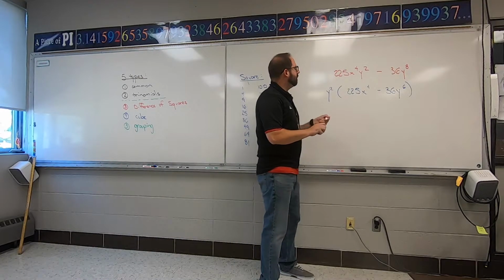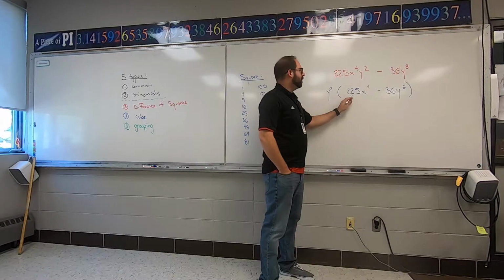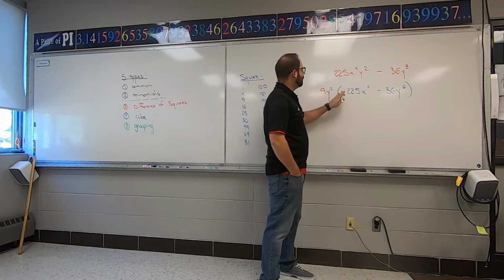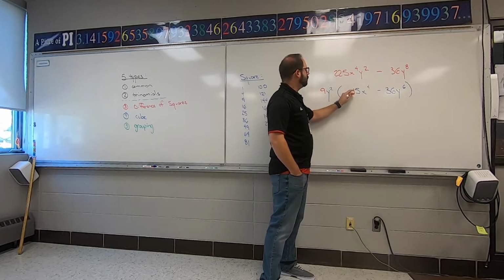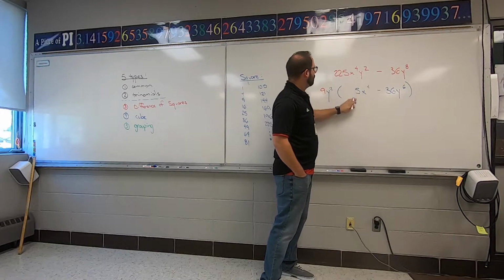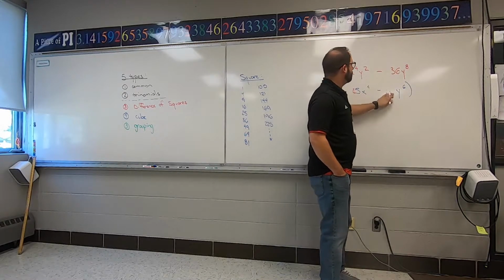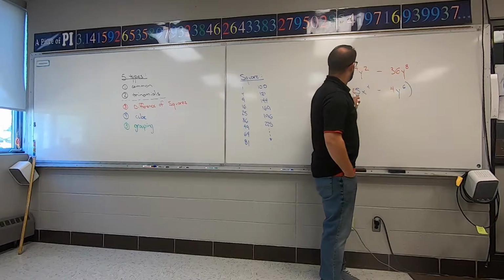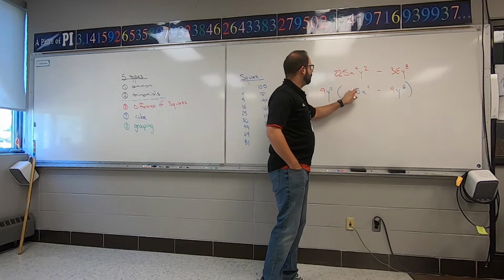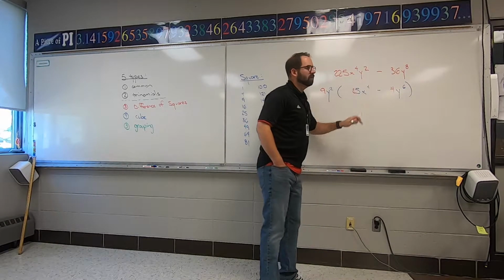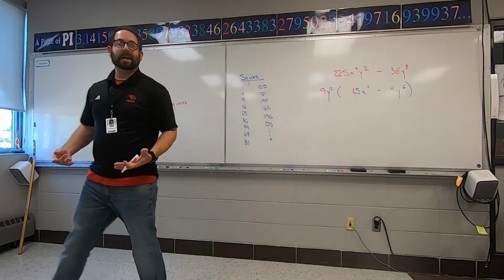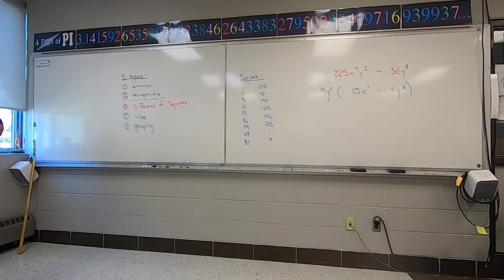If I divide 225 by 9, that would be 25. And if I pulled out a 9 from 36, this would be a 4. So that's another good thing to check, even though it doesn't look like it, do they have any numbers in common? I actually had a 9 in common. Okay, questions with how I factored so far?